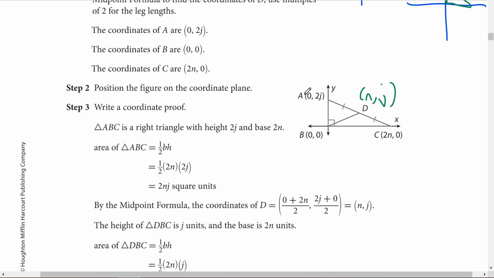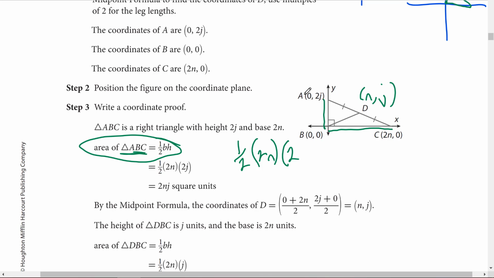Let's take a look at our area formula. So we know the area of a triangle is 1/2 base times height. So we're going to plug in for triangle ABC, 1/2. My base is the length from 0 to 2n, so it is 2n. And my height is the length from 0 to 2j, that is 2j.